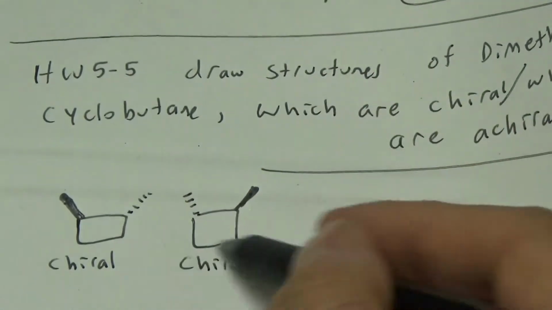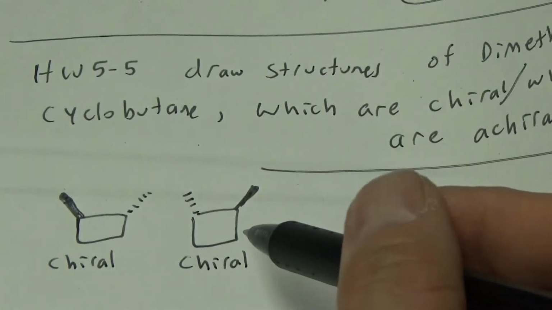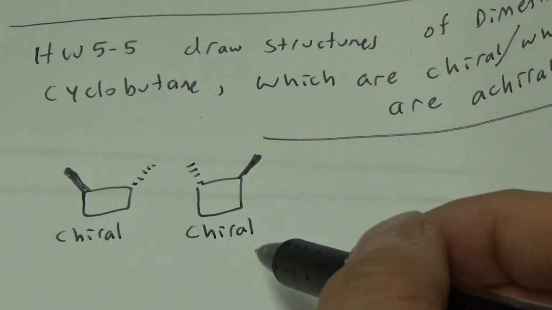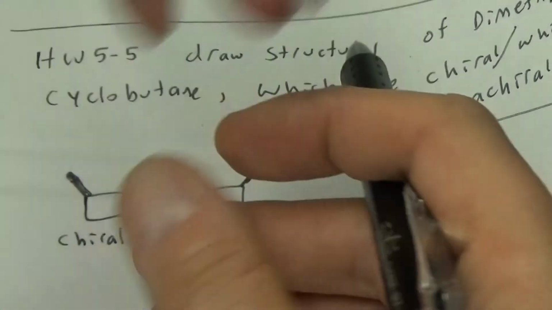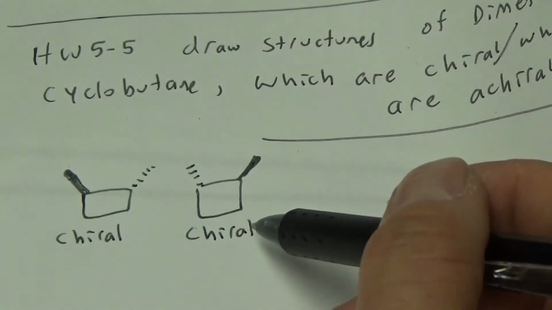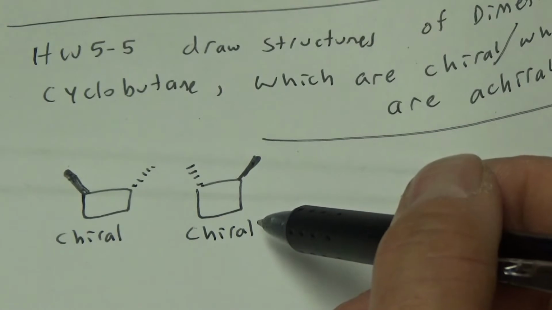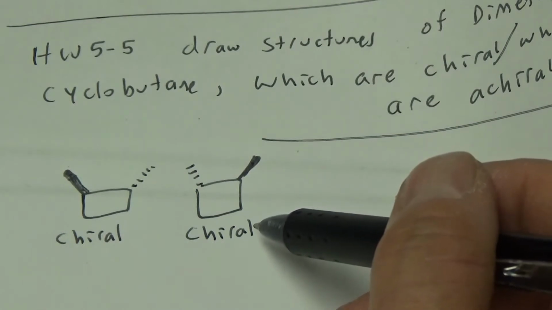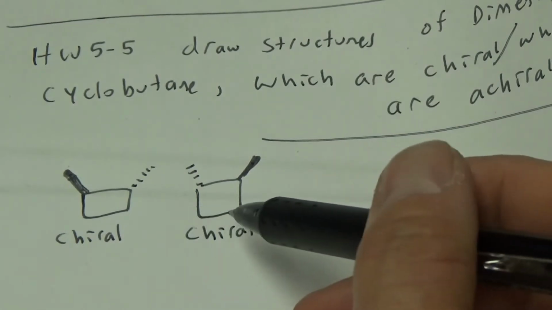What's the relationship of these two molecules? They actually look like mirror images, and they are non-superimposable mirror images. Because if you have a mirror image of something, it could either be superimposable or non-superimposable, right? If a molecule is superimposable on its mirror image, then it's the same molecule. Then the molecules are identical.